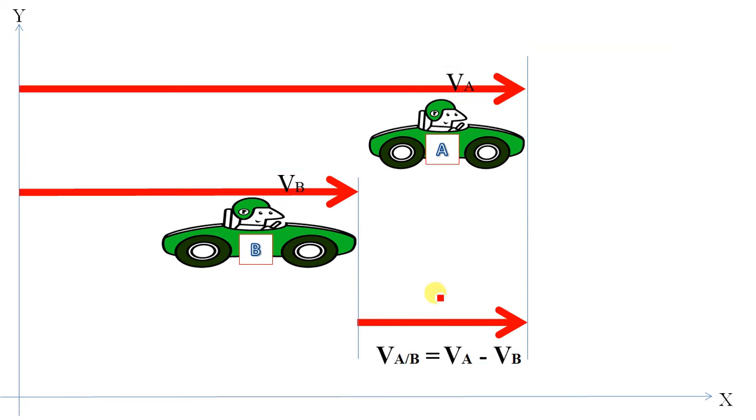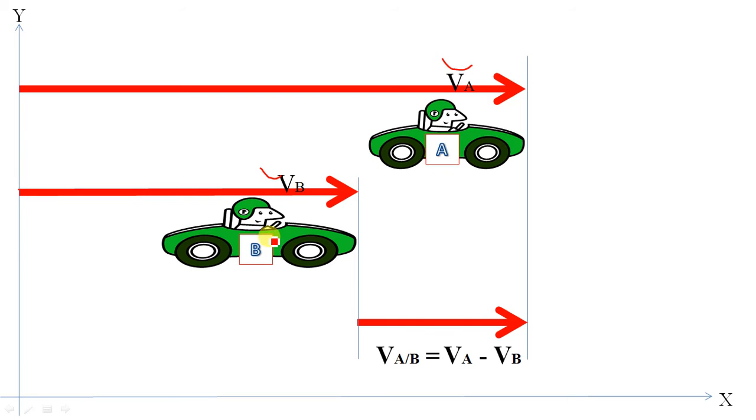Similarly, here the absolute velocity of A with respect to this fixed reference axis is VA, and the absolute velocity of this car with respect to the fixed reference axis is VB. Let's say that the fixed reference axis is your earth. So you can say that my car is having a velocity of VA, and car B is having the velocity VB, again with respect to the fixed reference axis, earth, or here y.